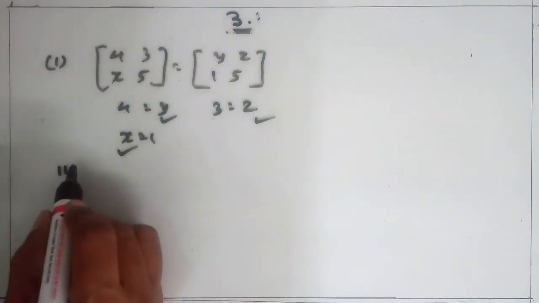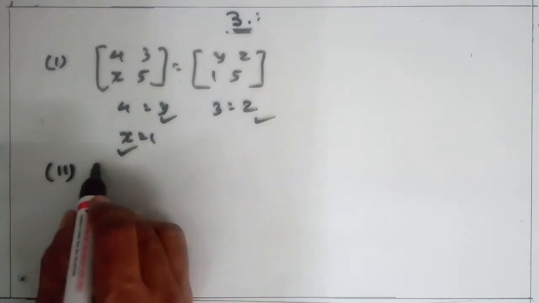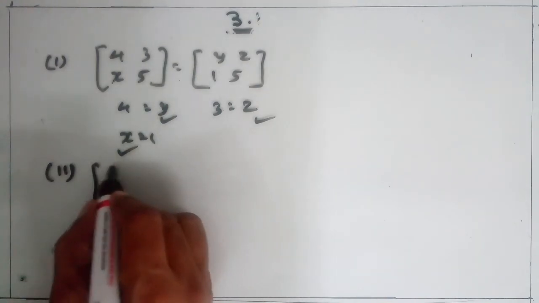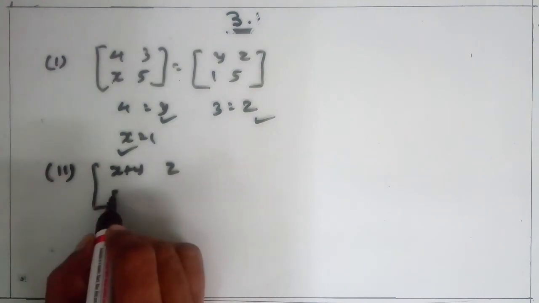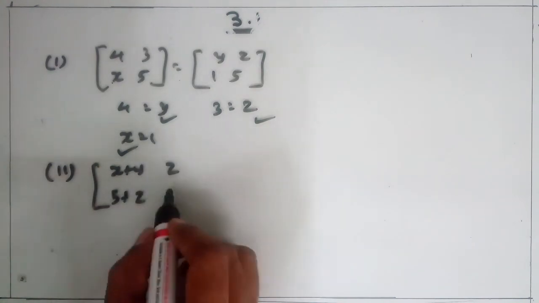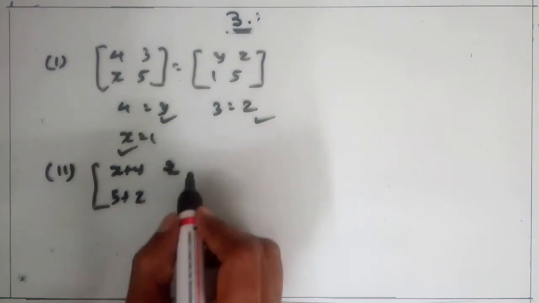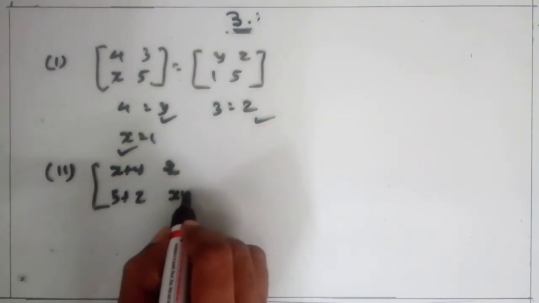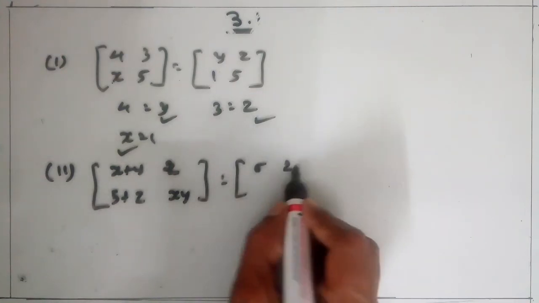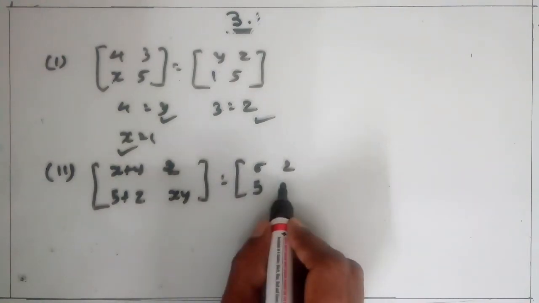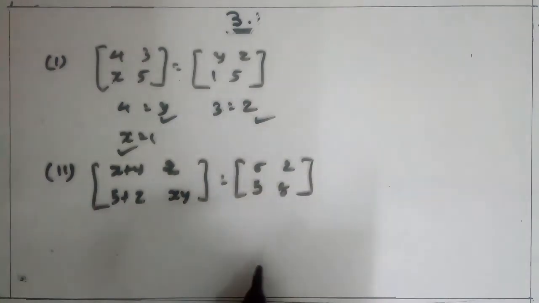Applying the same in the next question: the matrix x plus y, 2, 5 plus z, 2, x into y is equal to the matrix 6, 2, 5, 8. Find the values of x, y, z.